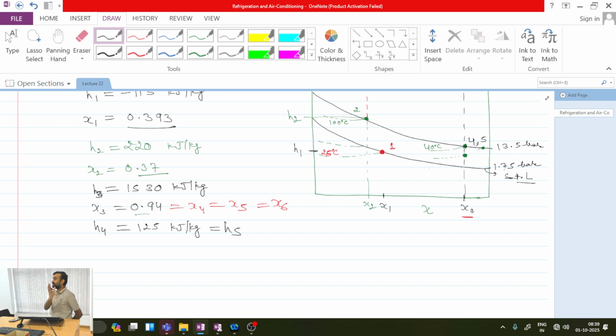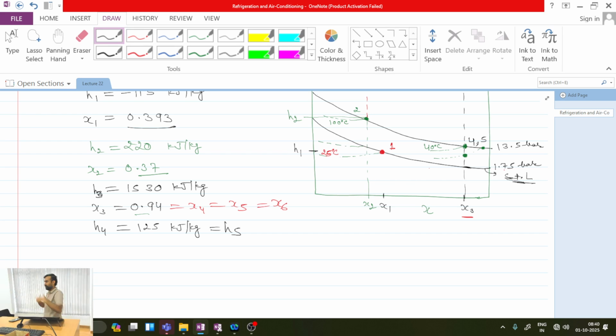In the previous class, I just explained the concept of throttling. This is a throttling process. In the throttling process, the state point remains the same, but pressure decreases. So if pressure decreases from this pressure to this pressure, then for this, it is the saturated liquid line. If you are going above the saturated liquid line, it will be nothing but a liquid plus vapor state.